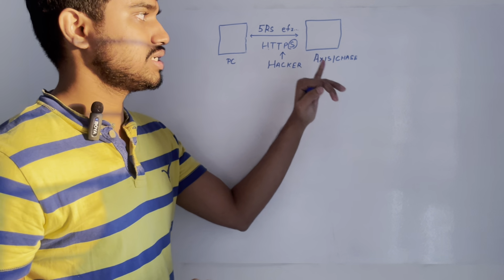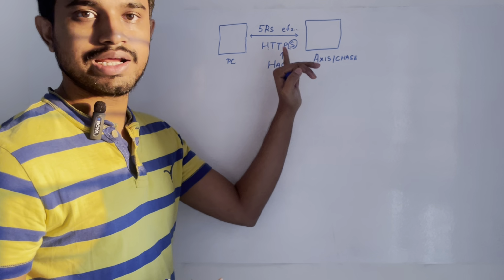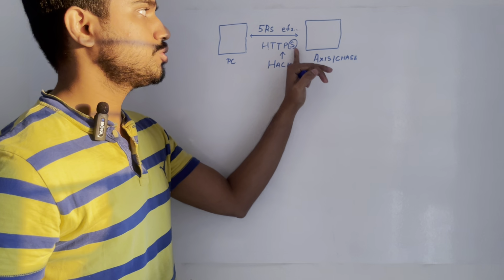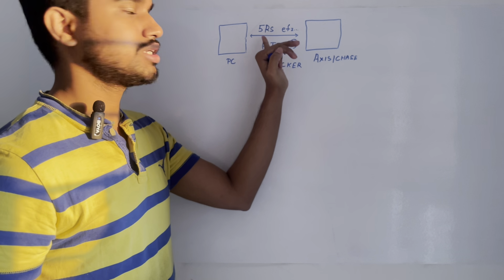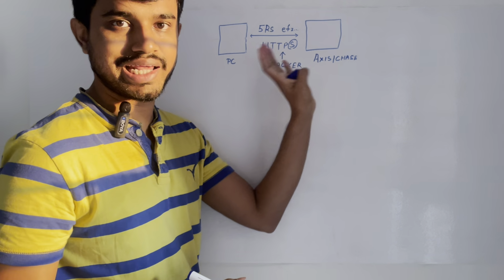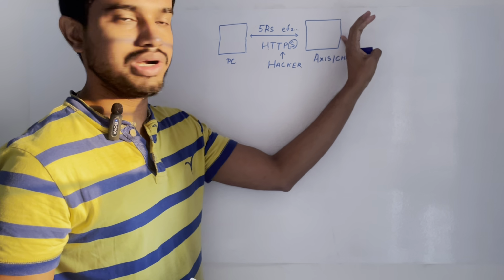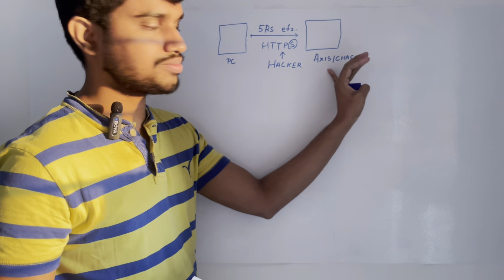For example, this can be an Axis Bank or a Chase Bank computer, and this is your personal computer, and you want to send 5 rupees to someone, and the request goes to Axis Bank. So if you use HTTPS, whatever you are sending is completely scrambled and it is unscrambled at the Axis Bank.